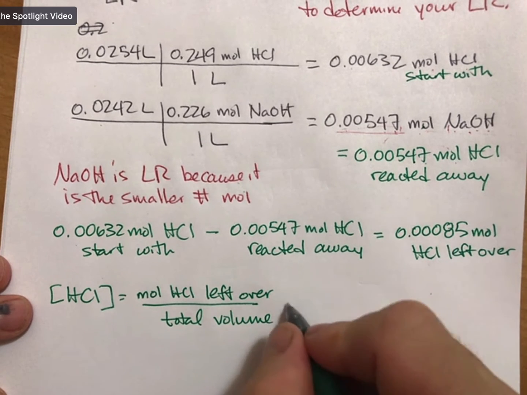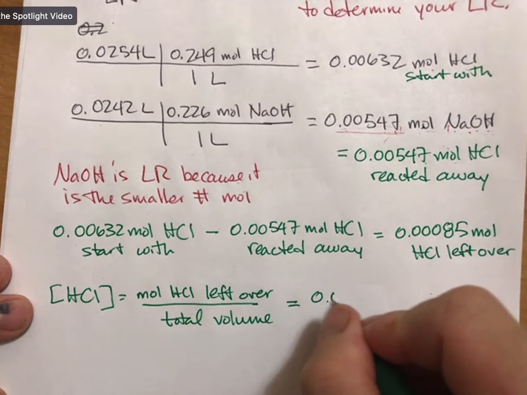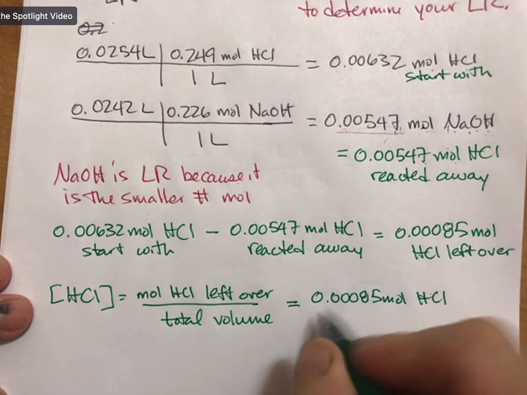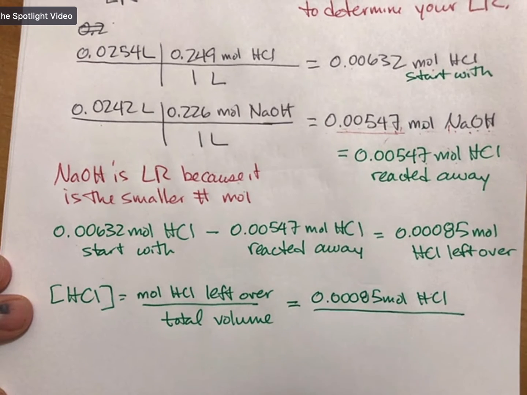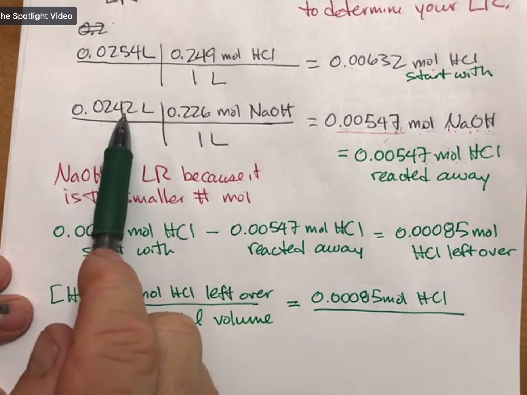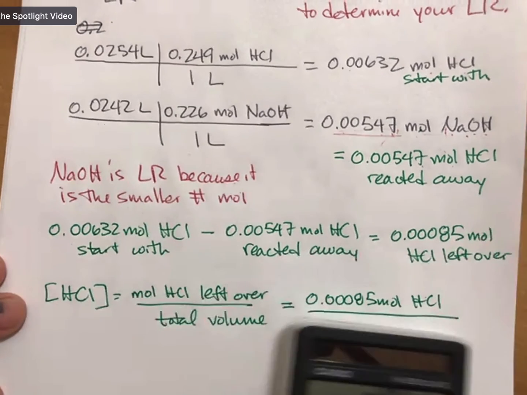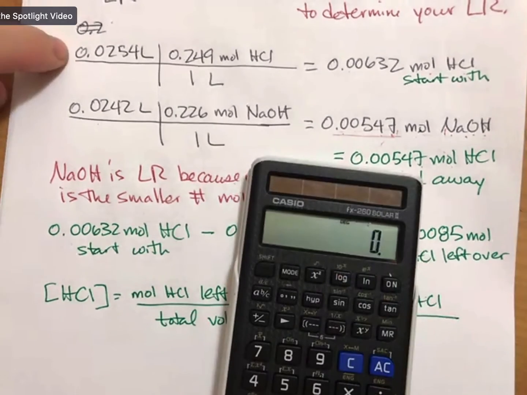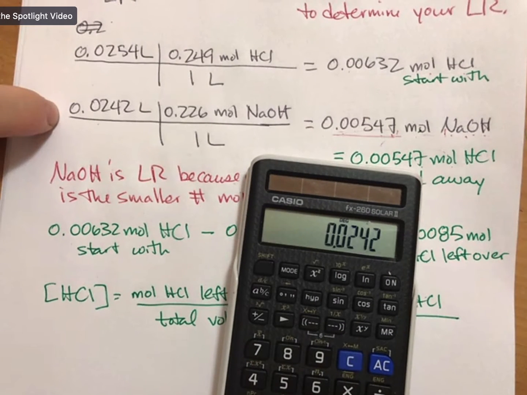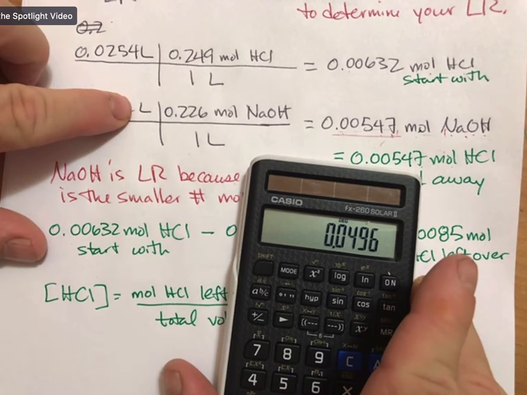Our moles of HCl left over we just calculated. And our total volume is going to be our volume of our base plus our volume of our acid. For this particular one, 0.0254 plus 0.0242. I get 0.0496 liters.